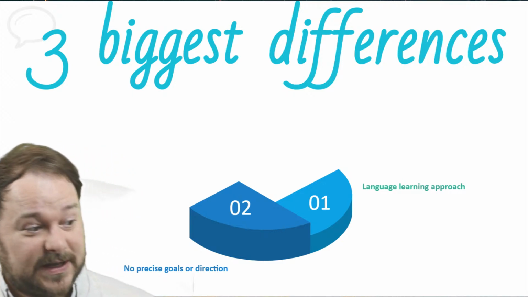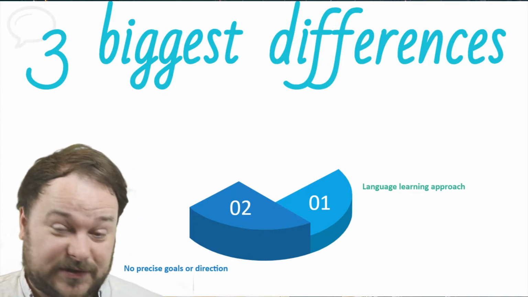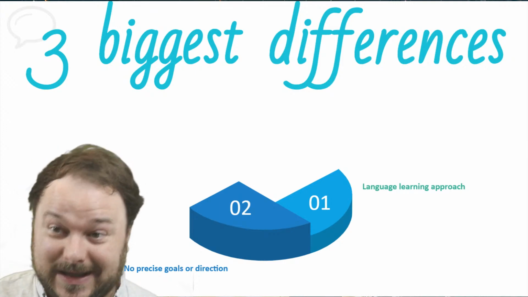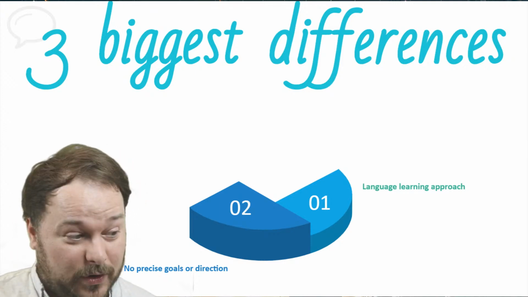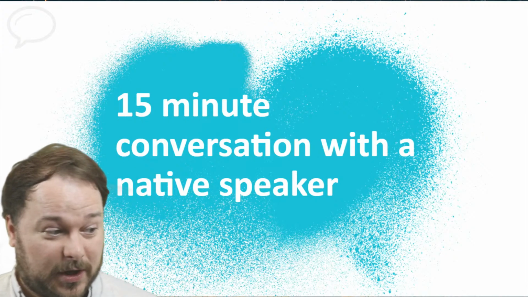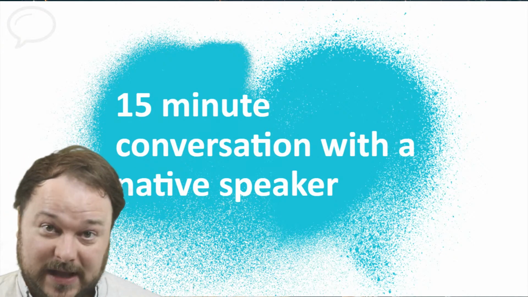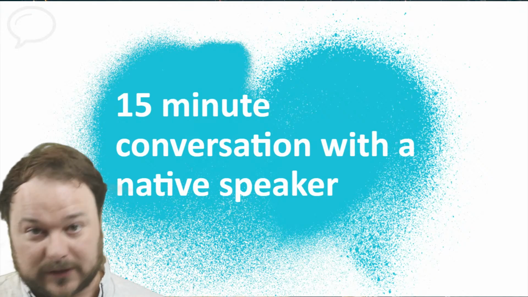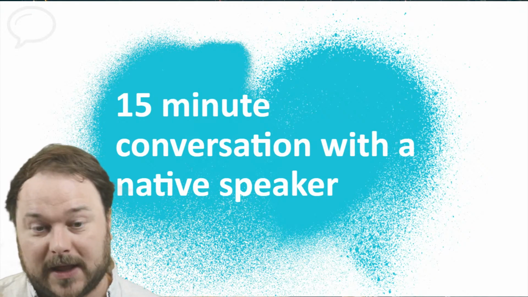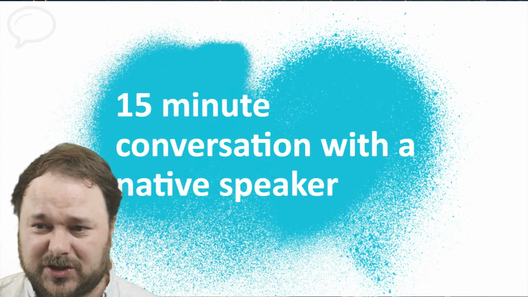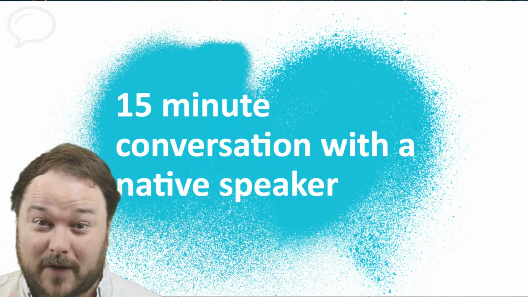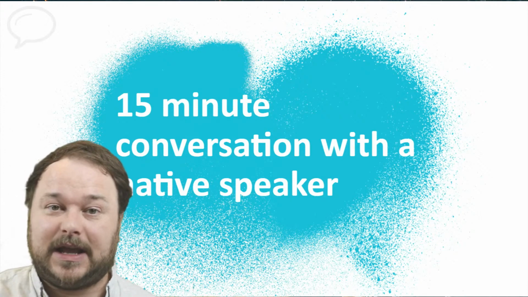The next is the lack of precise goals or direction. So the main thing that we guarantee everyone who joins the challenge, this is what you will definitely have: you will have a 15-minute conversation with a native speaker at a level higher than you currently are when the 90 days have finished. For a lot of people who are just starting off, this idea of being able to have a conversation seems like it's years of work away.